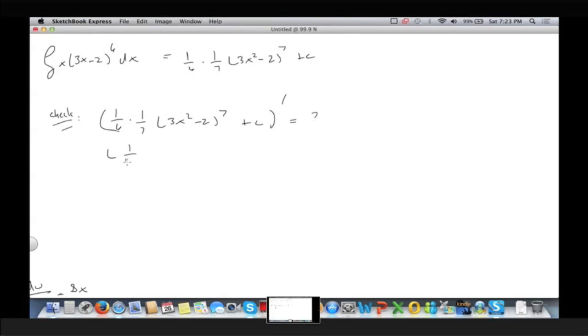First, I'm going to rewrite this. Let me give you a hint. Don't change it into 1/42. Leave it as 1/6 times 1/7. Even though it's legal to change it into 1/42, it'll actually be more convenient to leave it like this. Okay, so let's do this. You need to take this derivative. I definitely need to use chain rule. So I'm going to have something like this.